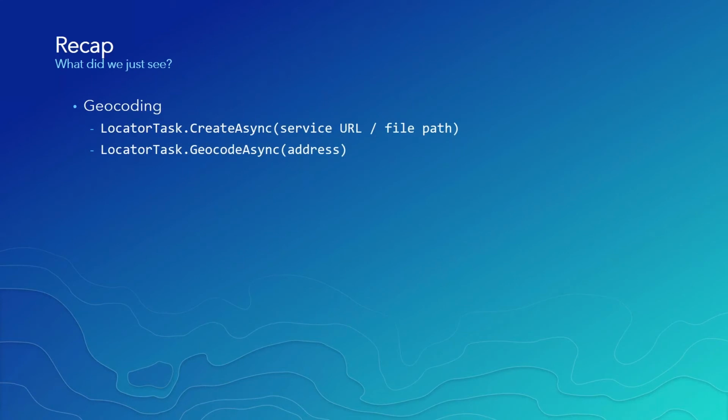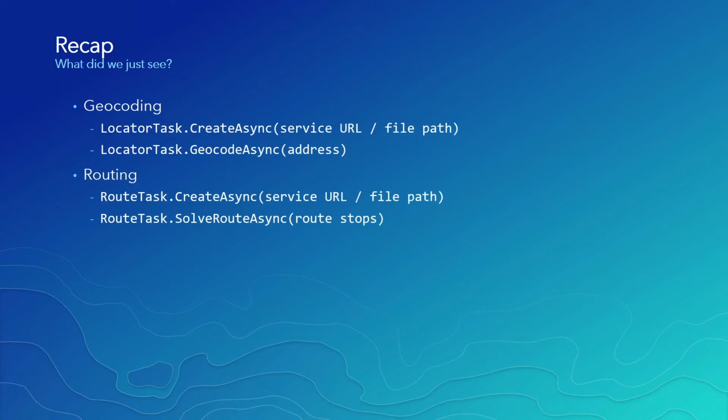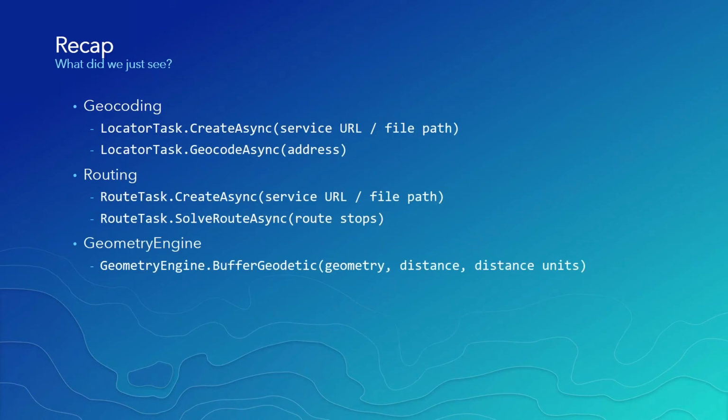As a user's starting to type a place name or an address in a search box, the locator task suggest functionality can be used to populate a list of places that they might actually be looking for. We also saw how we can do routing using the route task. And then last but not least, we saw a little bit of offline capability using the geometry engine, just buffering the route we had generated.